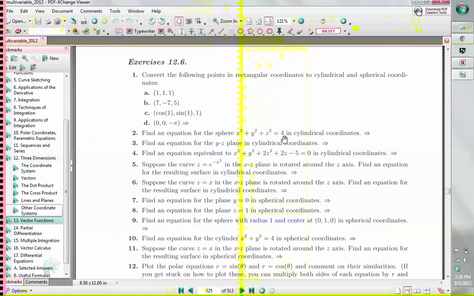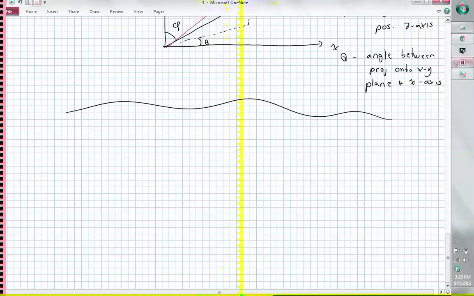Okay. Let's think about this some more. How are we going to get our hands on phi? We've got that root 3, that's rho. If we could just get our hands on one more distance, we might be able to get that angle down here. I will sketch that for you.